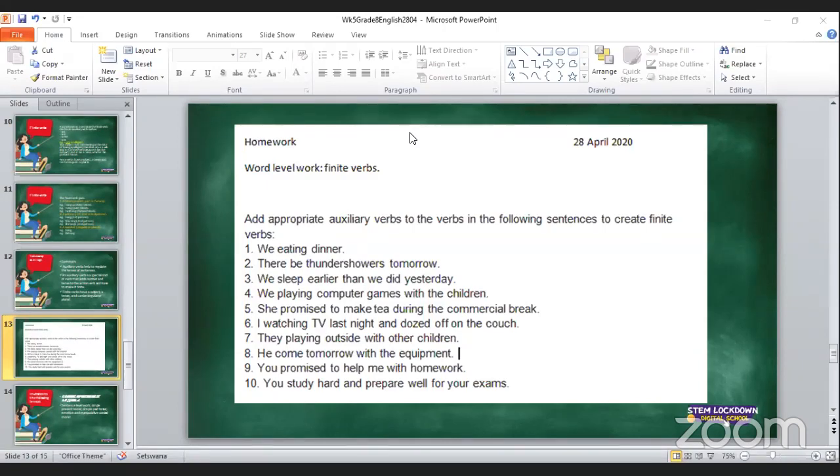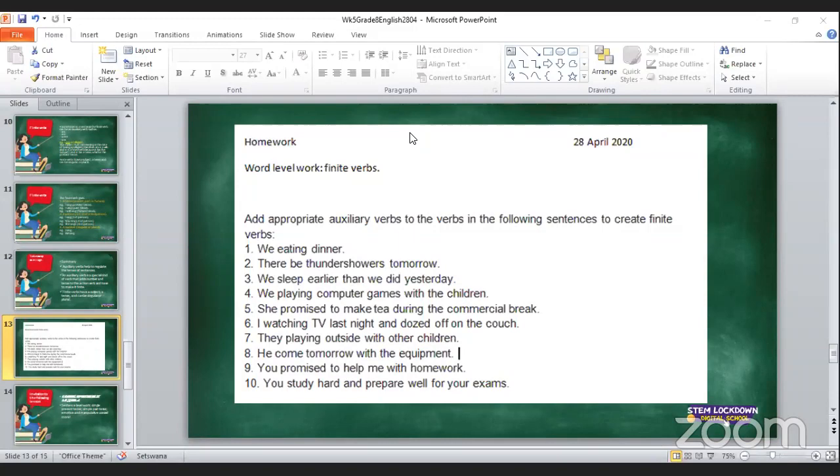You can do this homework by yourself, or with your friends and peers. You can make a group on WhatsApp and discuss it. You can get your parents or siblings to help you. Remember, guys, all of us are at home, so there is someone who can really help us.